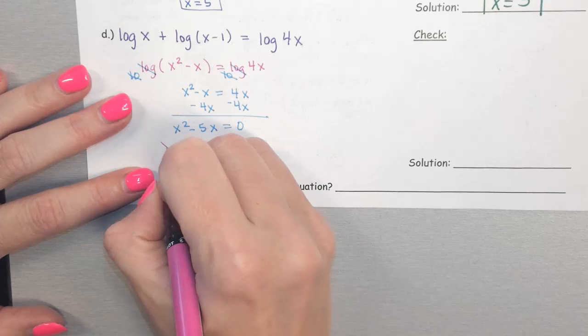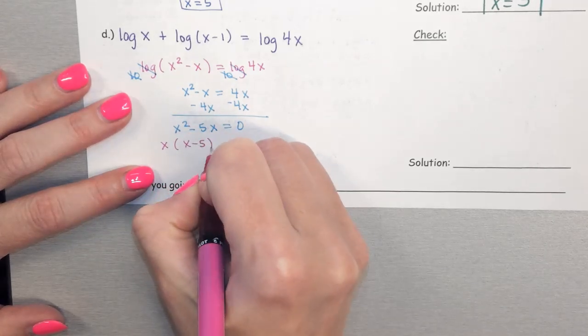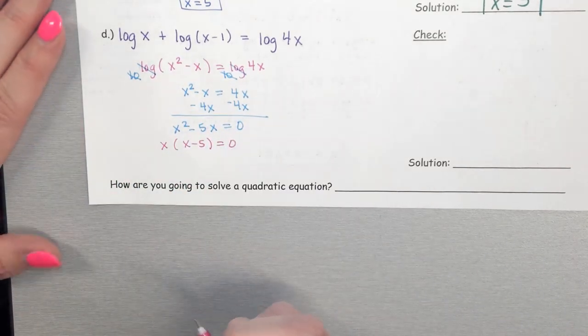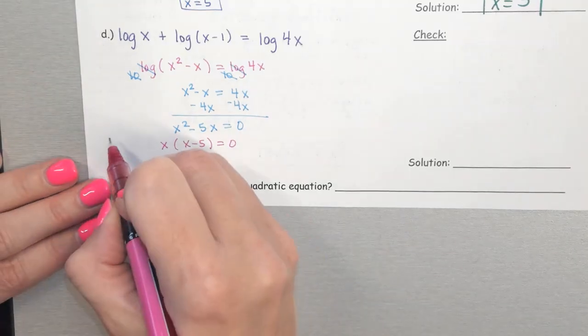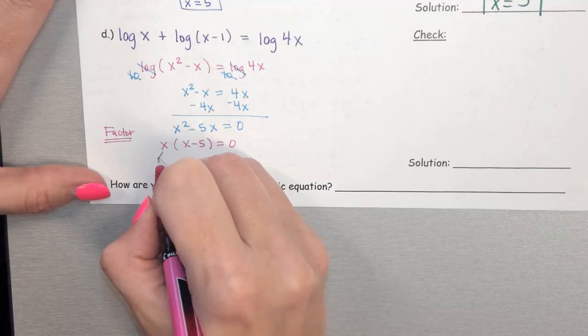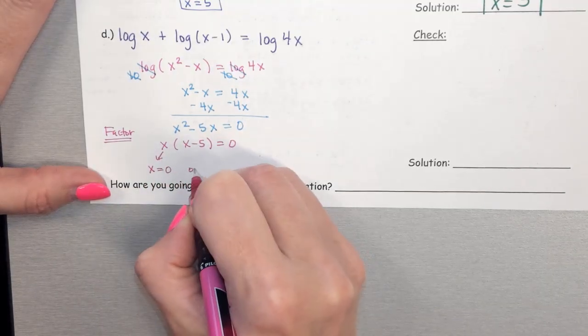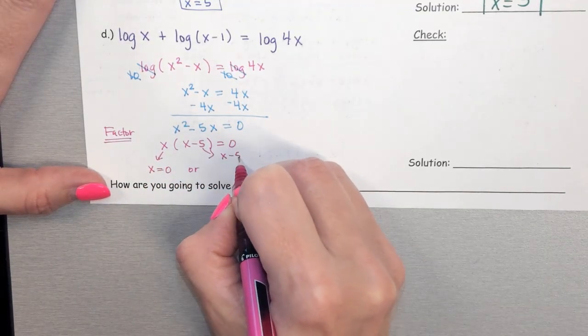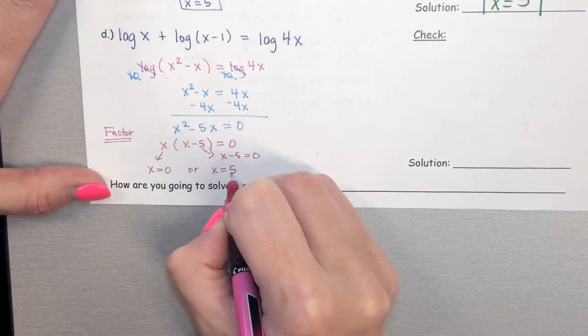Okay, so if you factor out the x, this time you're going to have two solutions. So it's either x is 0 or x is equal to 5.